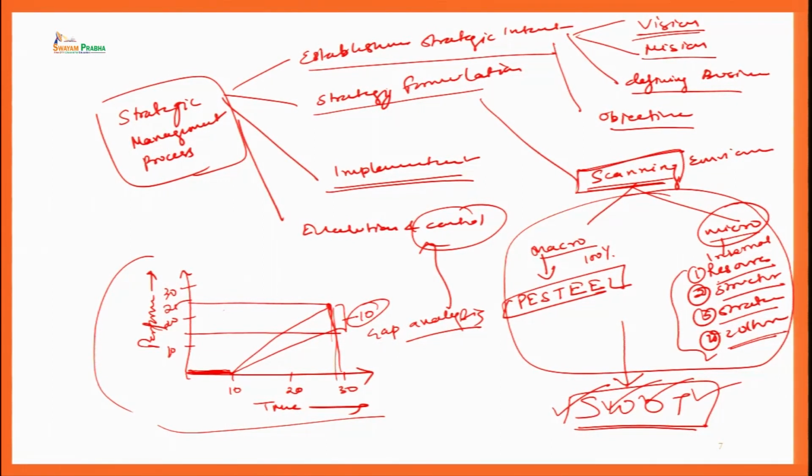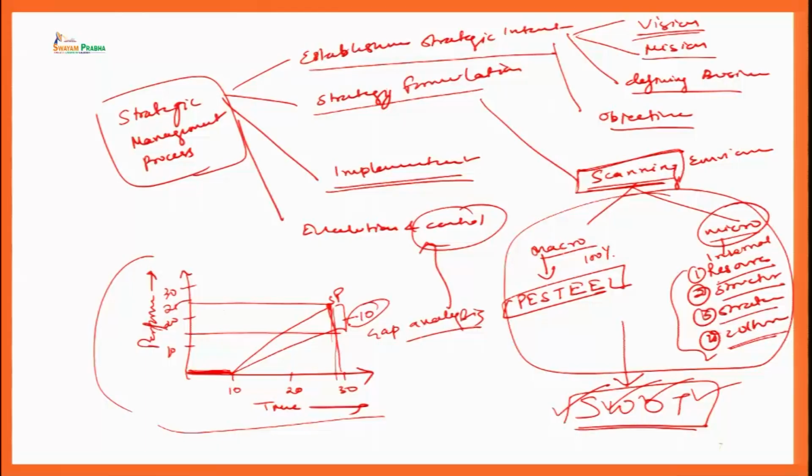So you also have to make use of certain gap analysis to figure out what were the standards that we have set and what is the actual performance. So this was the standard performance which we were expecting, and it reached only 15. This is the actual performance. So we try to find out standard performance minus actual performance, which will give us the gap, and the reasons of the gap will have to be identified to overcome the problem.